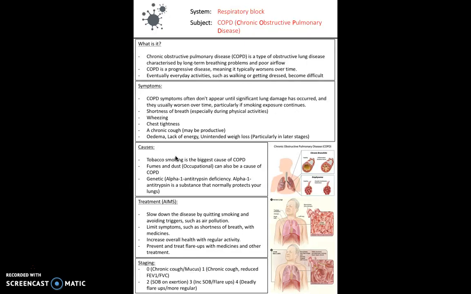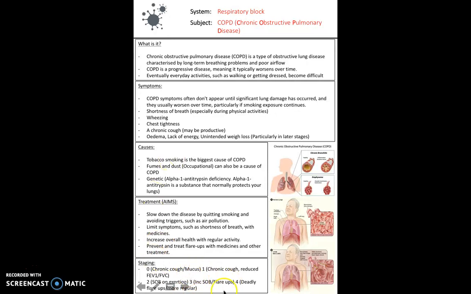It could be productive, but not in all cases. You may also notice edema, lack of energy, and unintended weight loss as well, particularly in those later stages of COPD. The cause is really linked to tobacco smoking, so that's the biggest cause of COPD, but you could also link it to occupational aspects such as fumes and dust, or genetic aspects in terms of a deficiency in alpha-1 antitrypsin, which normally protects our lungs, but obviously if you've got a deficiency in it, you're more susceptible to diseases such as COPD.